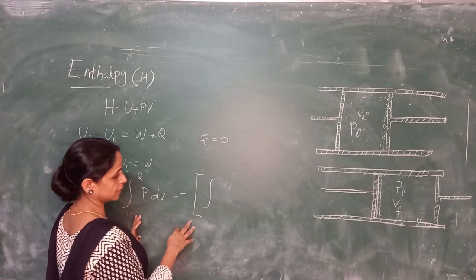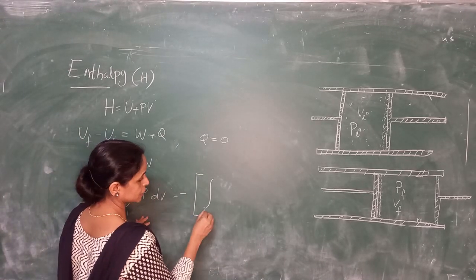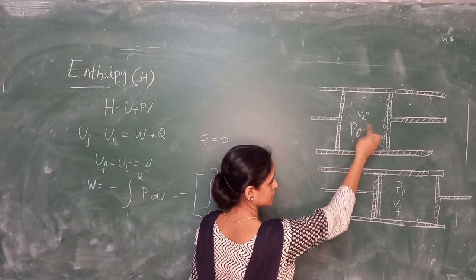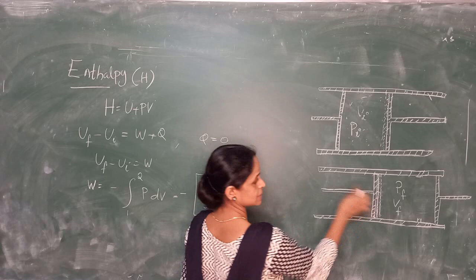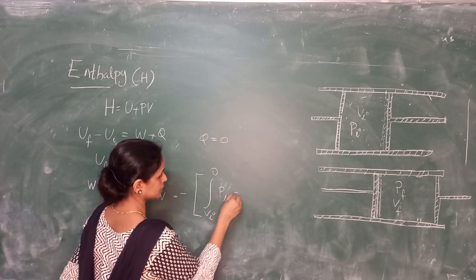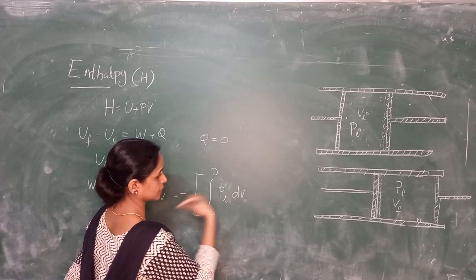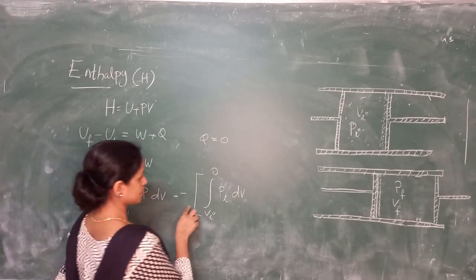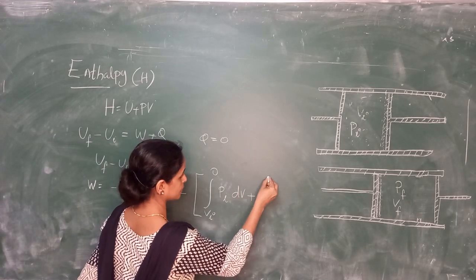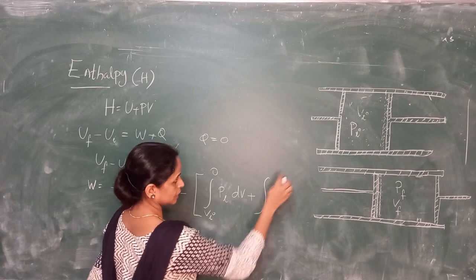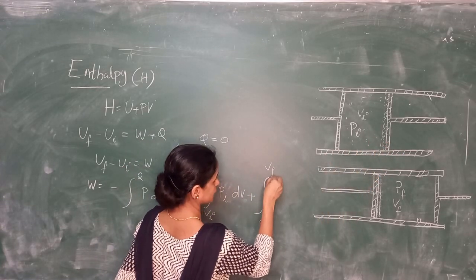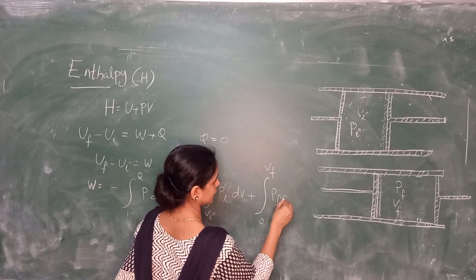For the first chamber, the initial volume is Vi and the final volume is 0, so we have Pi dV. For the second one, plus the integral with initial volume 0 and final volume Vf, with pressure Pf dV.